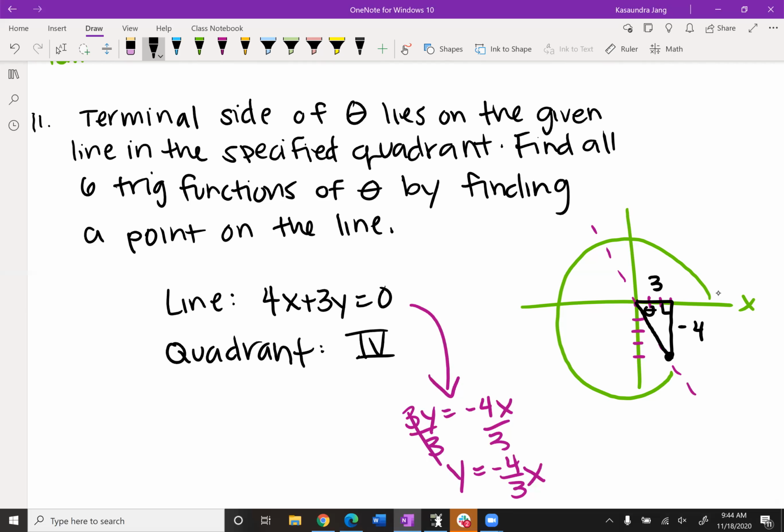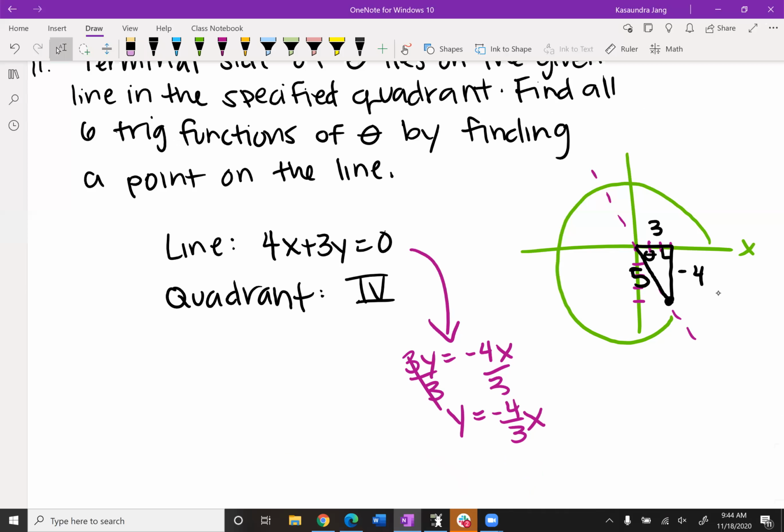If you guys did some Pythagorean theorem, what do you get for the hypotenuse? Nice, 5 for the hypotenuse. Now that I have all 3 sides, I can find any of the 6 trig functions. They said find all 6. I'm going to find sine, cosine, tangent, and then I'll do all their reciprocals.